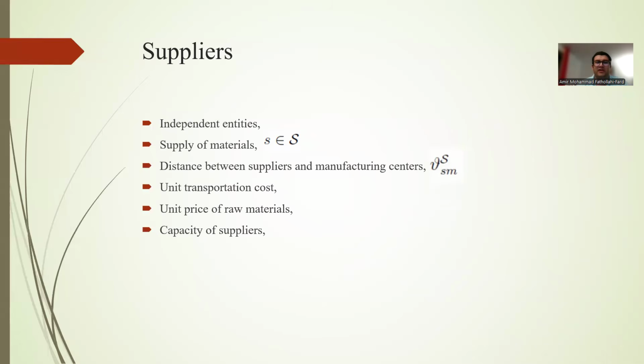From the physical network, there is a distance between the suppliers and manufacturing centers. There is also a unit transportation cost, showing the transportation cost per unit of the materials transferred from suppliers to manufacturing centers. This unit cost varies according to the transportation modes and vehicle capacity.